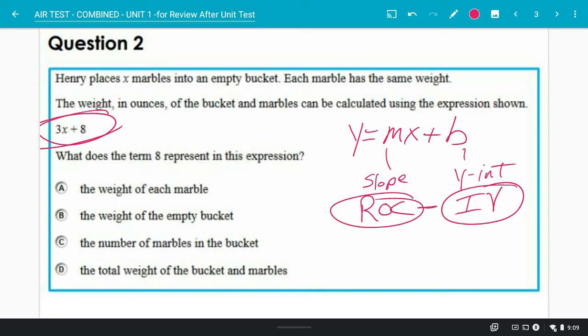So this 3 is the rate of change, and 8 is our initial value. Again, I'm not looking at the question yet. What does the 3 tell you?